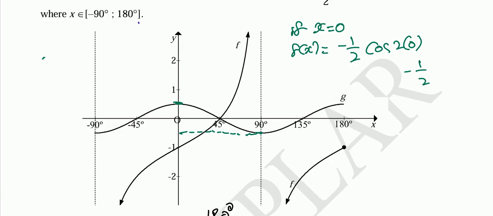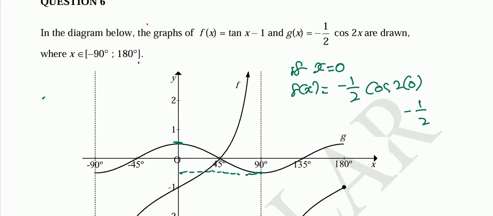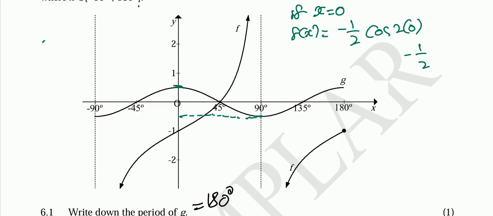So this means that we have negative 1 over 2 as our minimum and maximum. We can just enter 90 as well. If we enter 90, we are going to get 0, but it's fine.